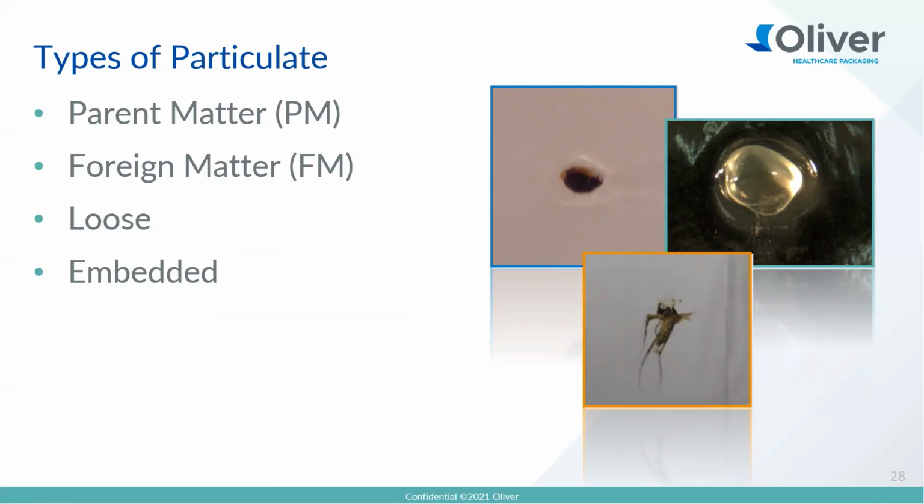Loose particulate is of more concern than embedded, because if loose particulate was non-sterile, it could contaminate a sterile device, whereas embedded in the materials, it has less of an opportunity to contaminate a sterile device.